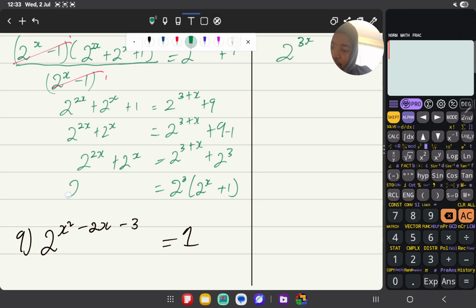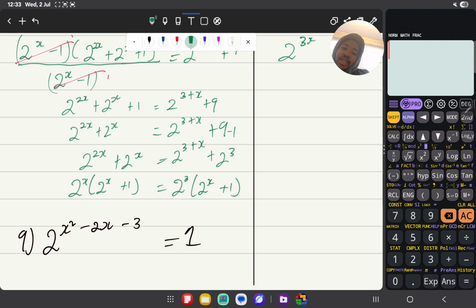And then here 2 to the power of x, then I have 2 to the power of x plus 1. Do realize these two will cancel each other out, they will divide each other out. So you're going to end up with 2x equals 2 to the power of 3, therefore x equals 3.